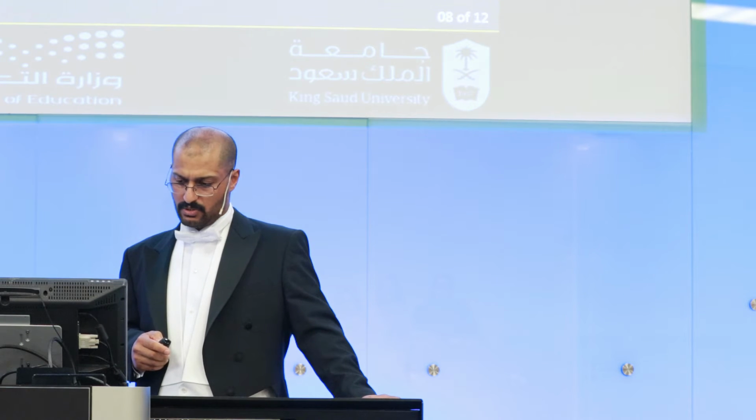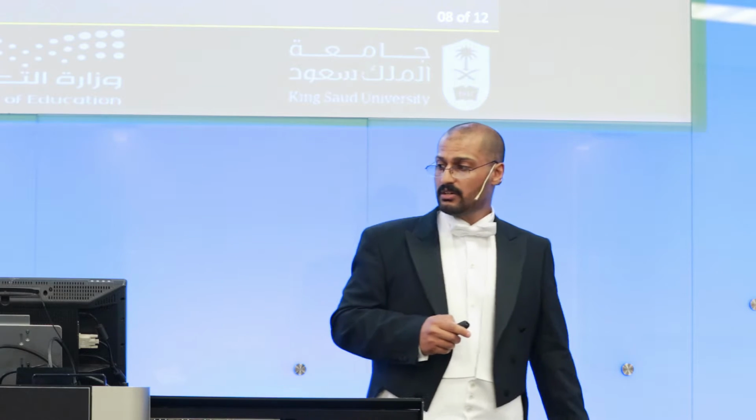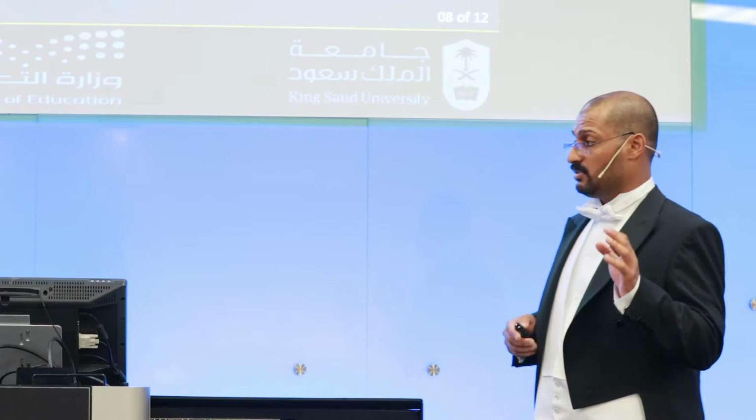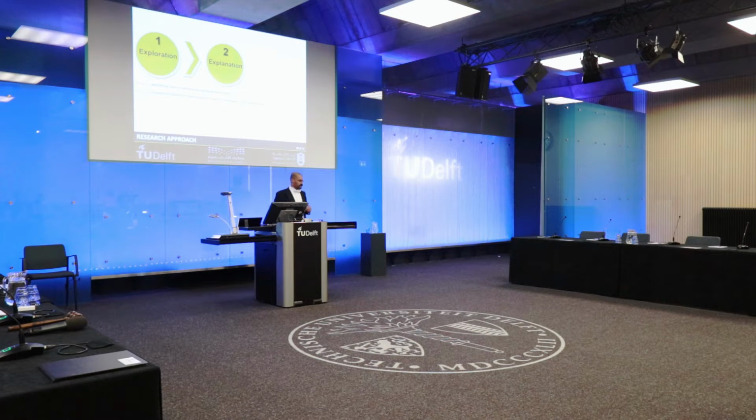In order to answer this question, there are three stages in order to conduct the research. I started with exploring the situation in Saudi Arabia, and then the second stage, explanation, in which I have tried to explain through the best practices cases the issues in Saudi Arabia and how we can improve it.